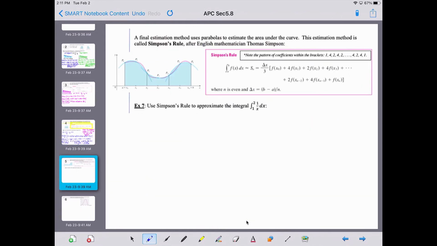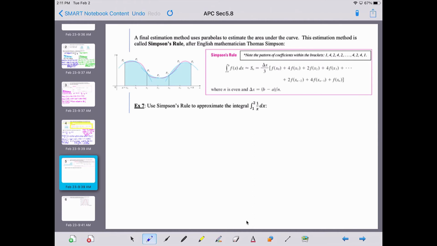Okay, we are going to learn one final method for approximating area under the curve, and this is called Simpson's rule. And Simpson's rule actually uses parabolas to estimate the area under the curve. Simpson's rule says, note that the pattern of the coefficients within the brackets is 1 and then 4, 2, 4, 2, 4, 2, 4, and then you always have to end on the 1.